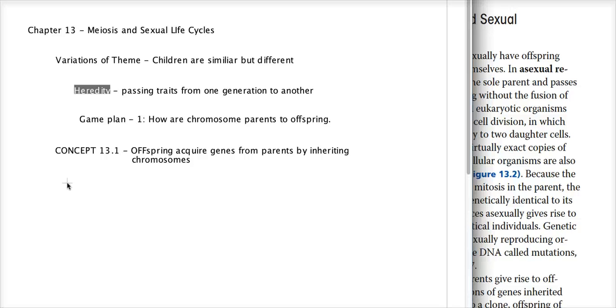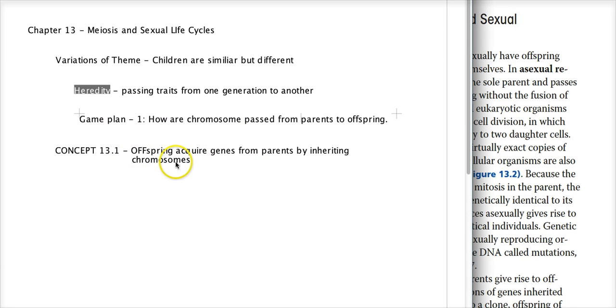So in this section, this concept, if you look in your book on 249, you're going to see inheritance of genes. That's going to be a subset of this, and that's what you have to organize your thinking. So the first game plan was how are chromosomes passed or transmitted from parents to offspring.